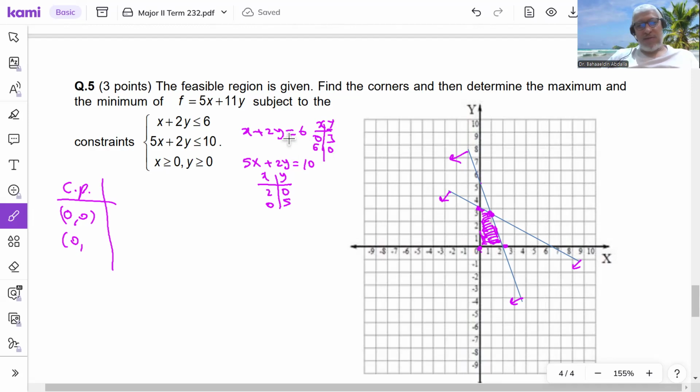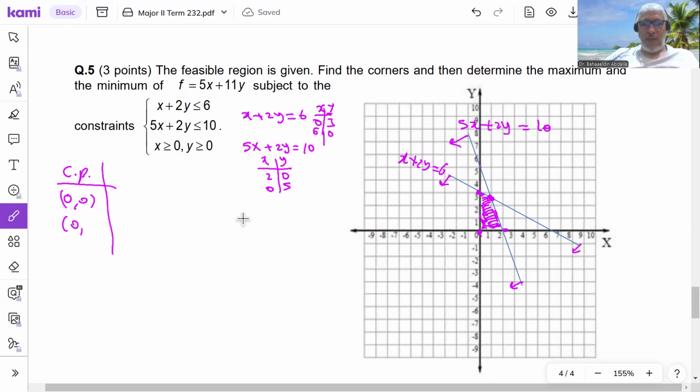So in fact, this is the line x plus 2y equals 6. And this is the line 5x plus 2y equals 10. And this should be 0, 3.